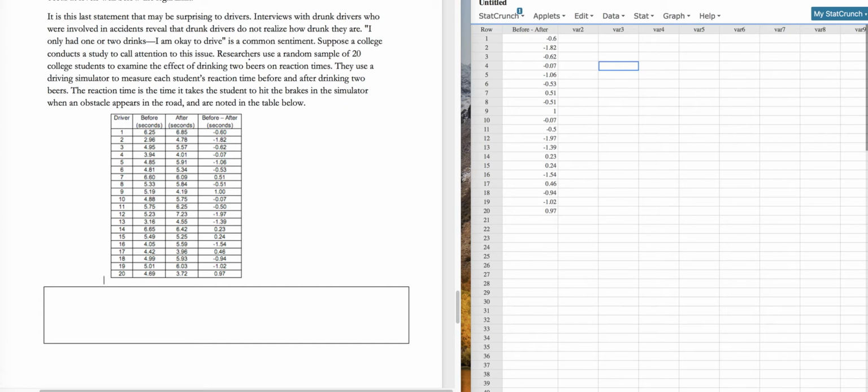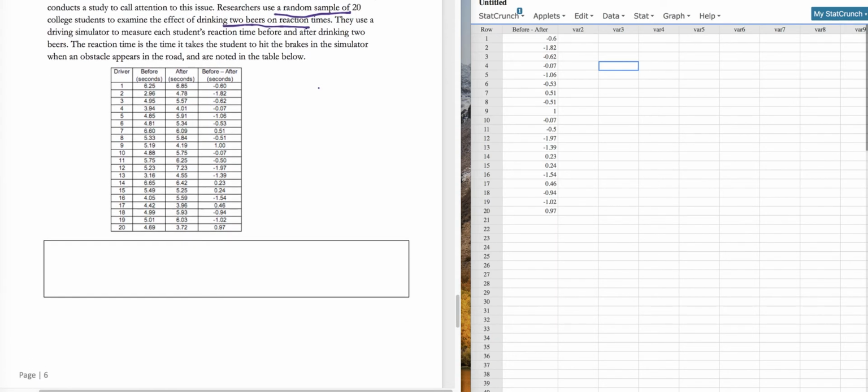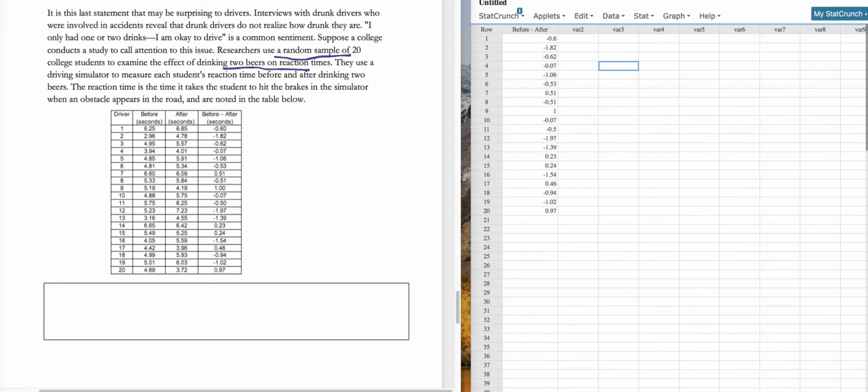In particular, they're using a random sample to examine the effect of drinking 2 beers and then looking at the reaction times. Because that's the way they're performing this experiment, that really is the way we're going to write our null and our alternative hypotheses.